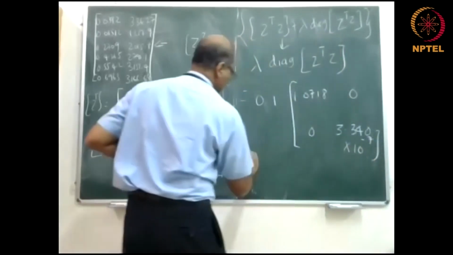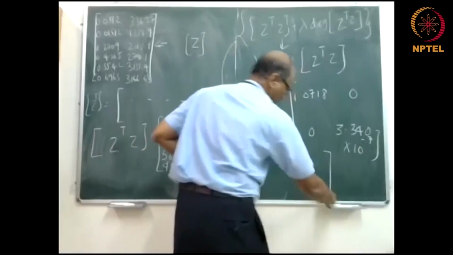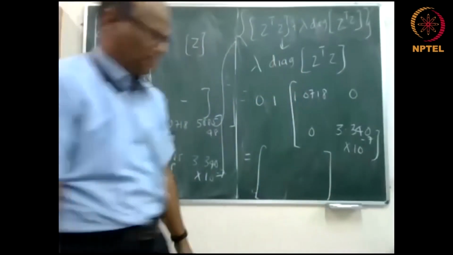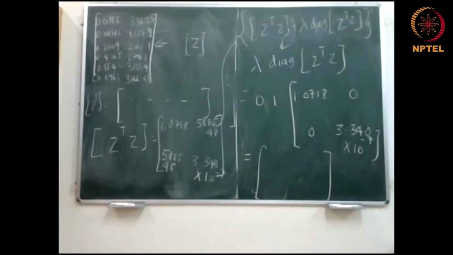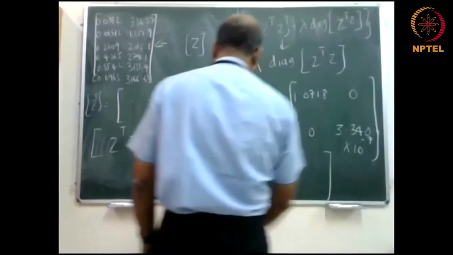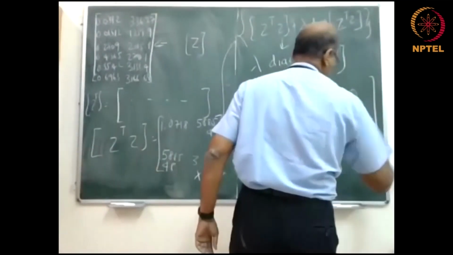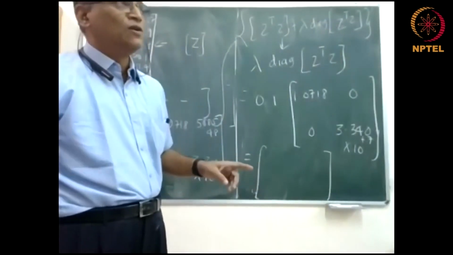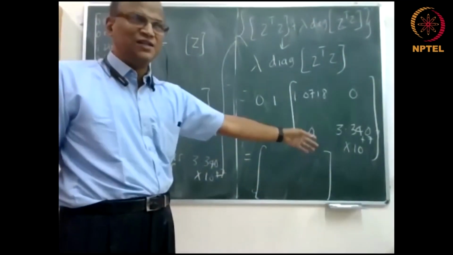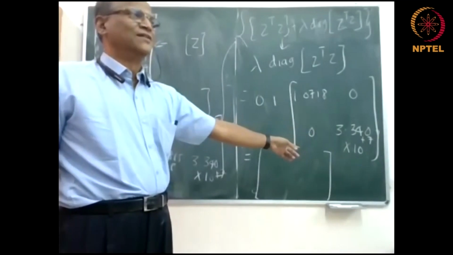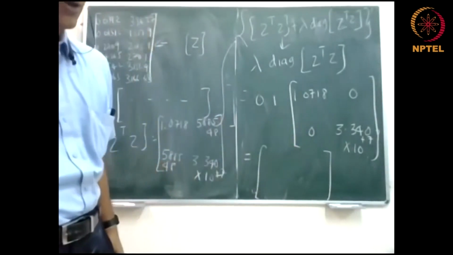Sir, it's 10 to the power 7, not -7. It's +7 or -7? So +7. Okay, all right.